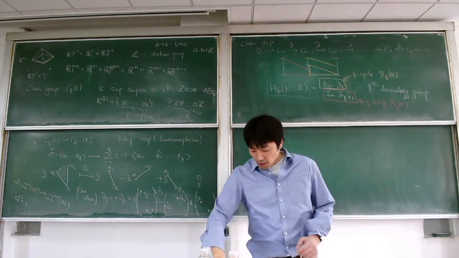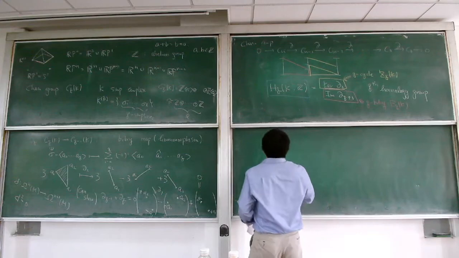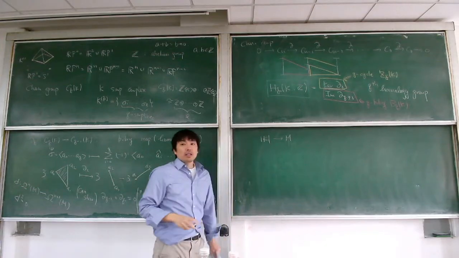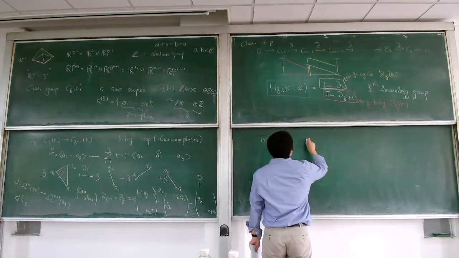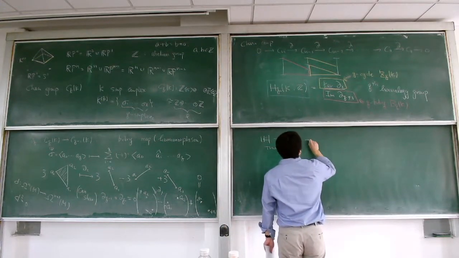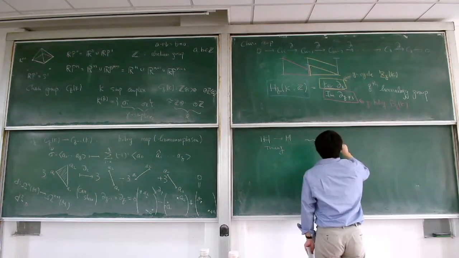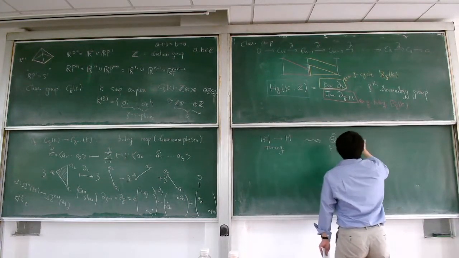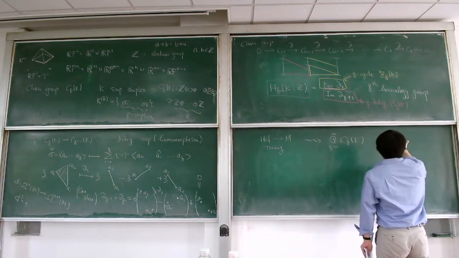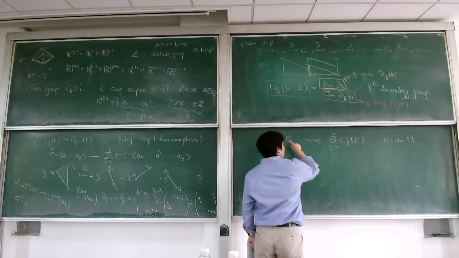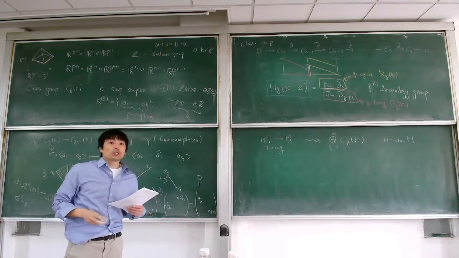So given a manifold M through triangulation, this is not unique, okay? So from here, one can consider the chain complex, essentially running from q = 0 to n, such that n is the dimension of the manifold M. This is the chain complex.